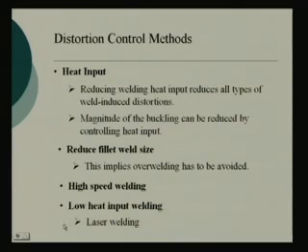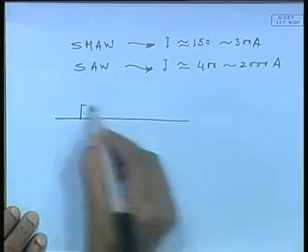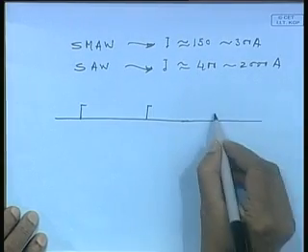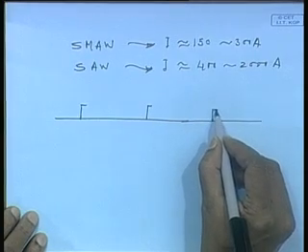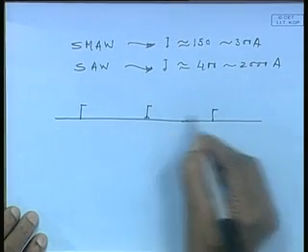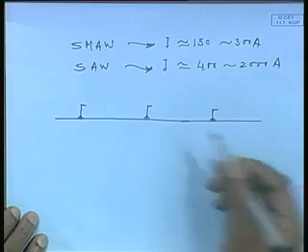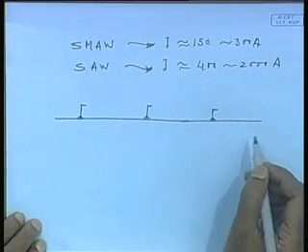Well, next method of controlling distortion could be reducing the fillet weld size. This is for the distortions we have talked about, wherein, because you see in shipbuilding one of the fundamental building components is such stiffened panels, means flat plate with stiffeners, right.